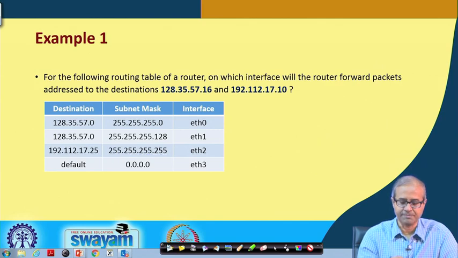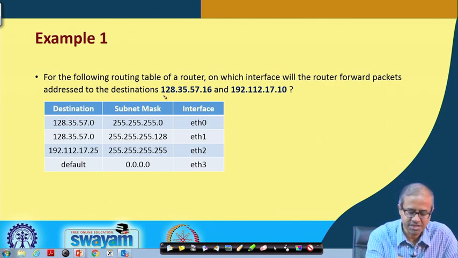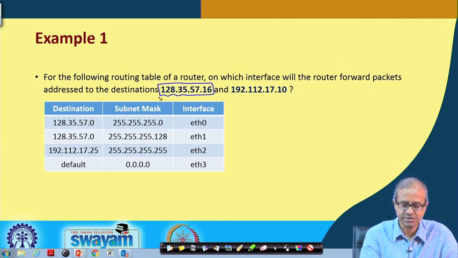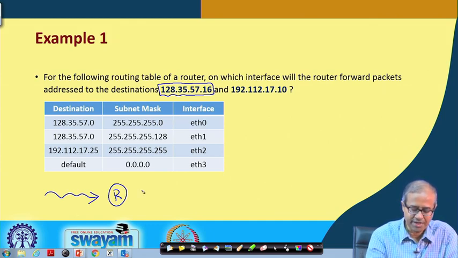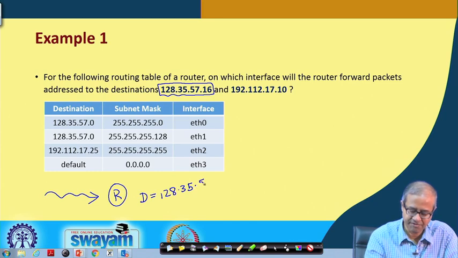So, let us see. Now, the question is, there is an IP packet. Let us take the first example here. An IP packet comes to the router, where the destination address is 128.35.57.16.